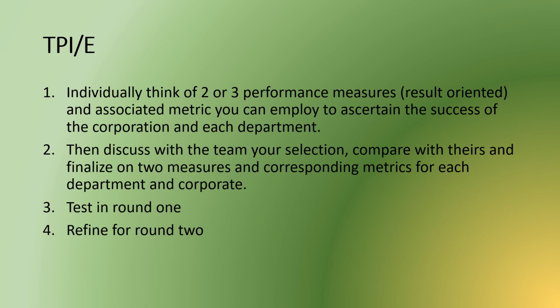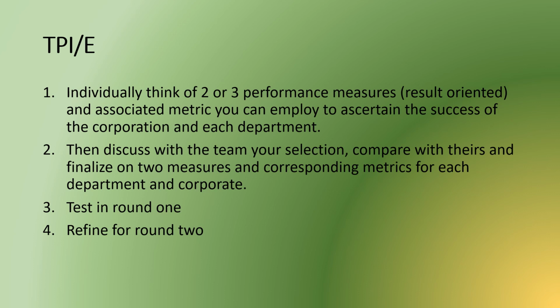Once everyone on the team has done this exercise and has their list, if you will, the next step is for the team to discuss. Now, obviously, if every team member for the marketing department has picked market share as the appropriate measure, then obviously that appears to be the most important in everyone's mind and should be taken into consideration as the finalized metric that marketing would use.